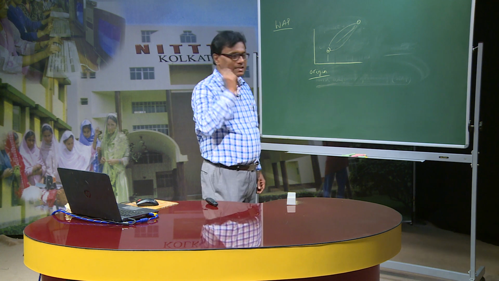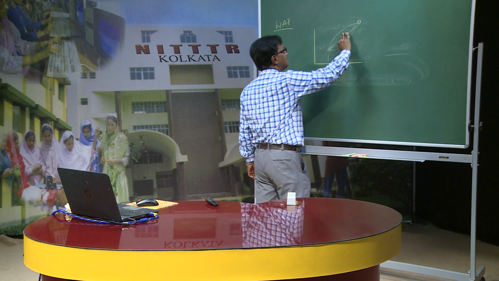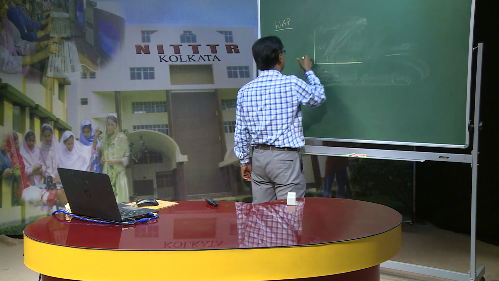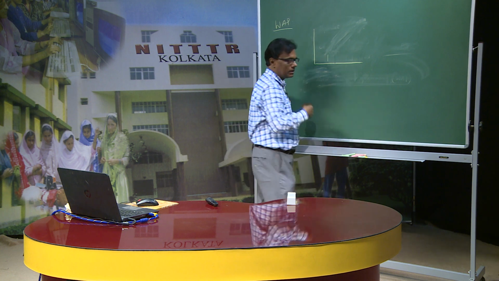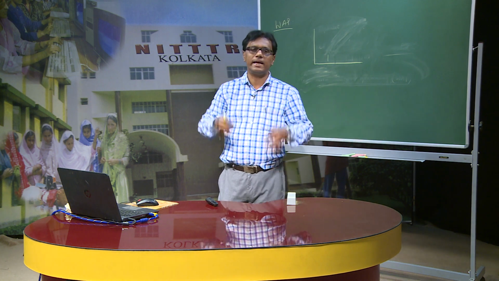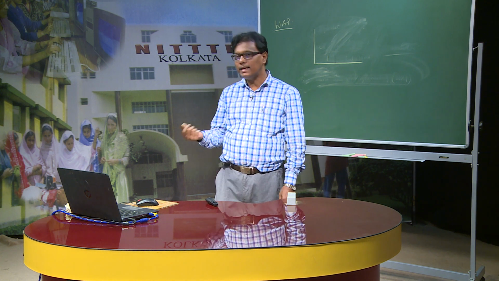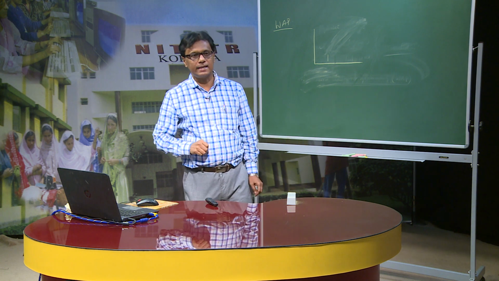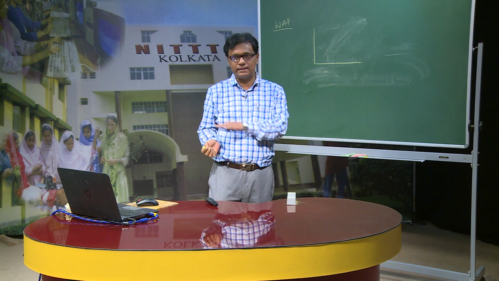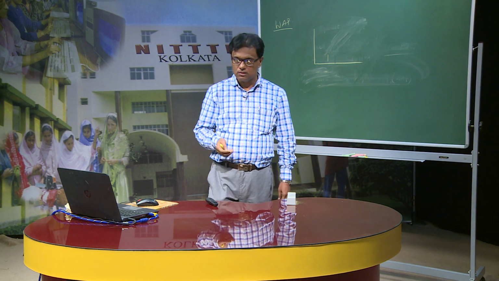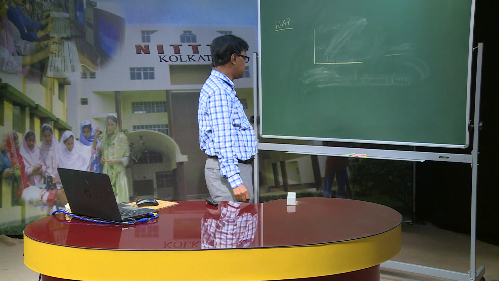In CNC machines, all these coordinates follow the Cartesian coordinate system. In the Cartesian coordinate system, you know, first I have to define an origin, then the right-hand axis is the x axis, the left-hand axis is the negative x axis, and then the y axis and negative y axis.